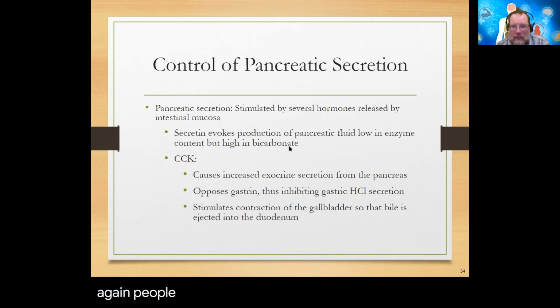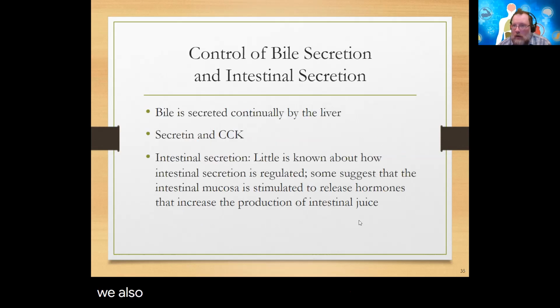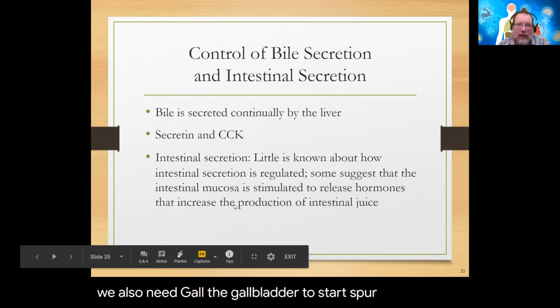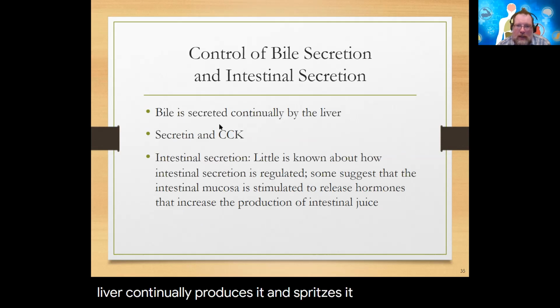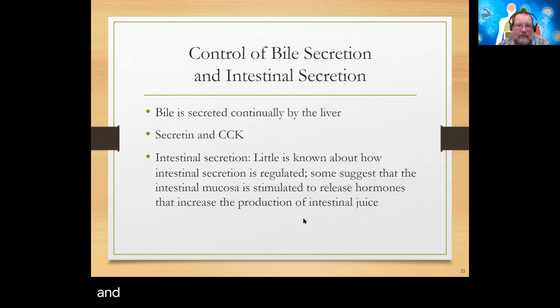So again, pH balance is controlled by secretin and CCK. And then we also need the gallbladder to start spritzing bile. So the liver continually produces it and spritzes it. Again, secretin and CCK are going to trigger the release of bile from the liver and gallbladder.